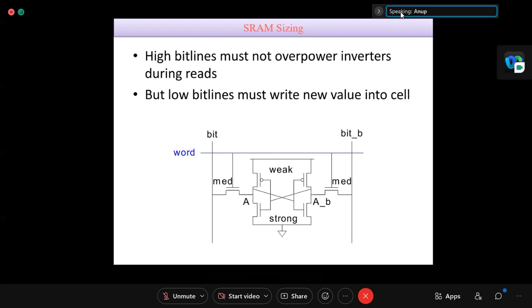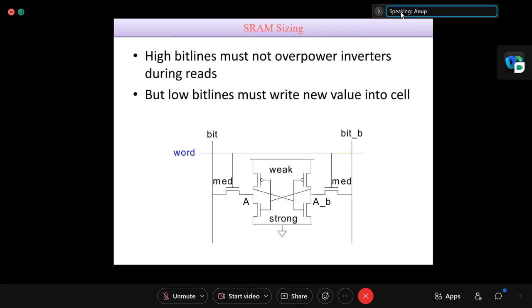So SRAM sizing. Design wise, this is okay. So what would be the exact size? Normally the PMOSs connected to VDD will be little weak for this transferring logic, and the NMOS is supposed to be little strong.